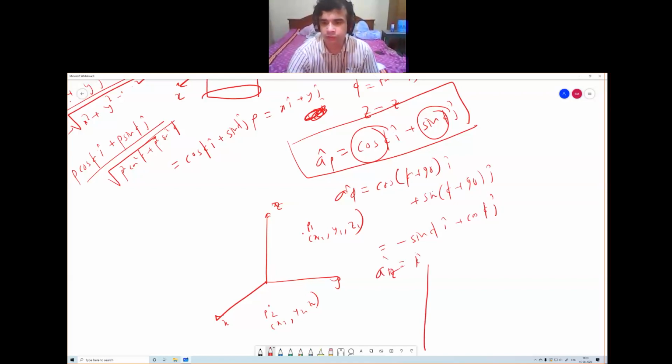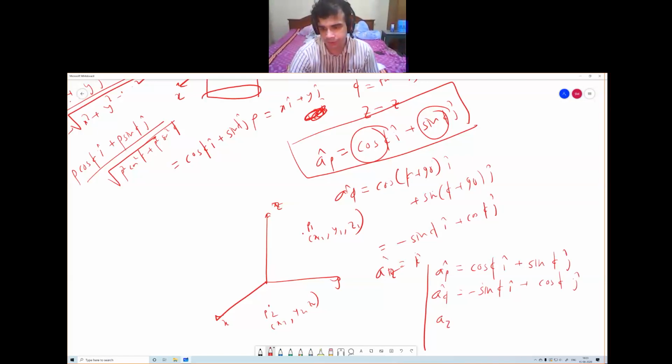So these are the conversion equations. a rho equals cos phi i plus sin phi j. a phi is minus sin phi i plus cos phi j.